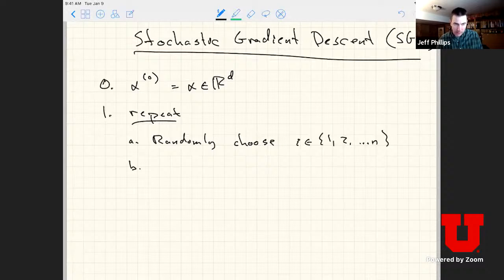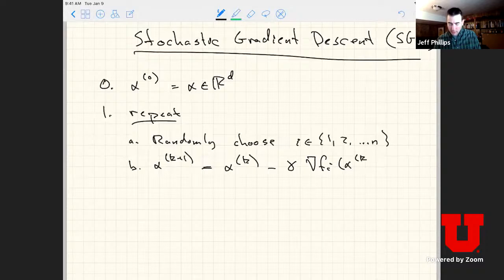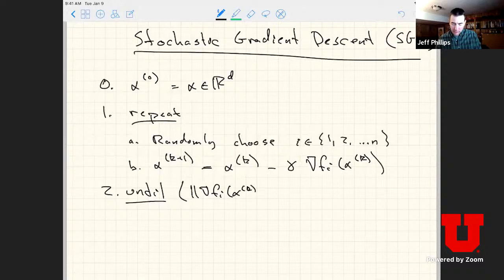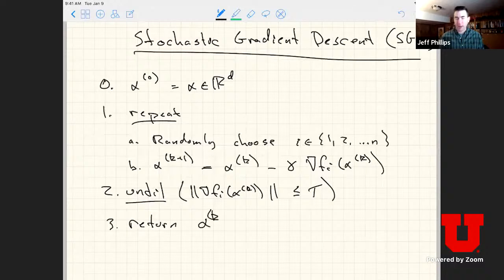I'm going to compute my update, which is going to be alpha k plus one equals alpha k minus the learning rate times the gradient at that point, until again the average gradient is less than some threshold, and then return alpha k as my model.